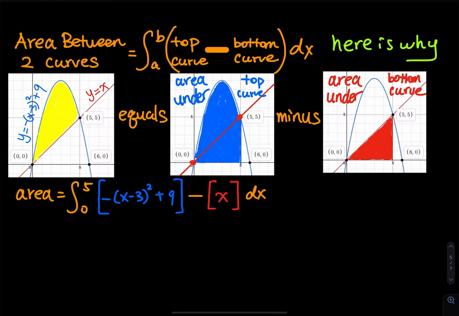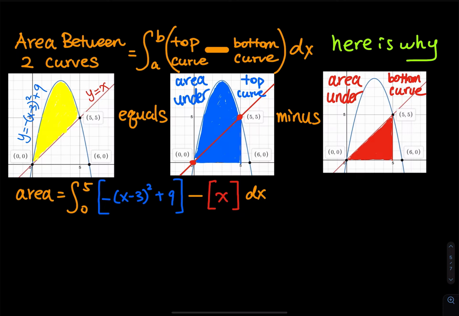And this yellow region is equal to the blue region minus the red region. Let's not go to the blue region yet. Let's go back to the first picture. In the first picture, do you see that there is a yellow region? In this picture, it is clear that the parabola is on top and the straight line is on the bottom.